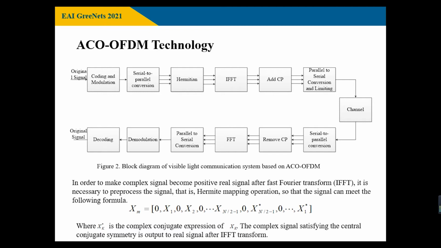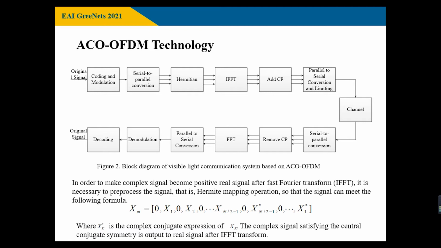Then Hermitian mapping, IFFT, and a cyclic prefix are applied, the negative part of the signal is clipped, and it is then converted into a serial data stream, forming an ACO-OFDM symbol and transmitting it into the wireless channel.